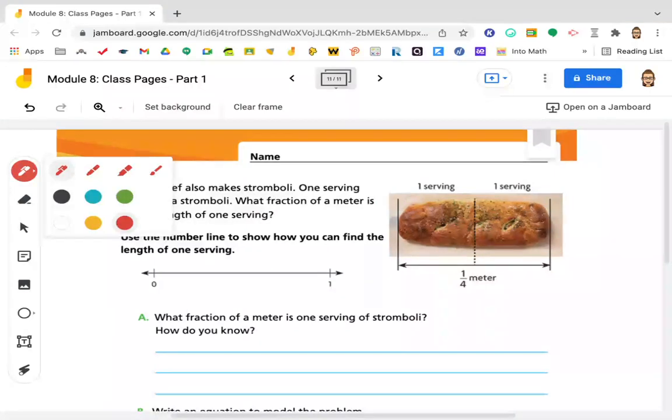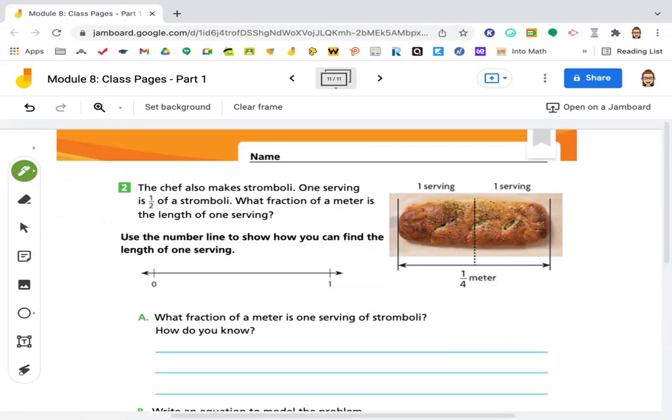Well, we know that the whole thing is 1/4. So I'm going to split this into fourths. So we have 1/4, 2/4, 3/4. And so the whole stromboli goes from here to here.